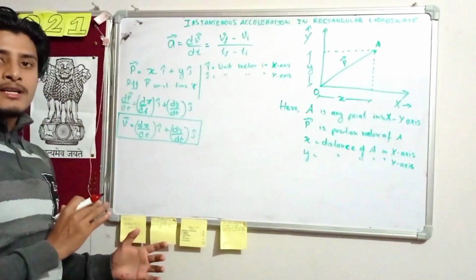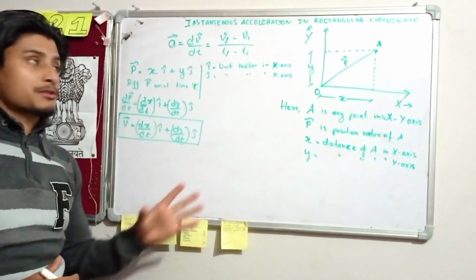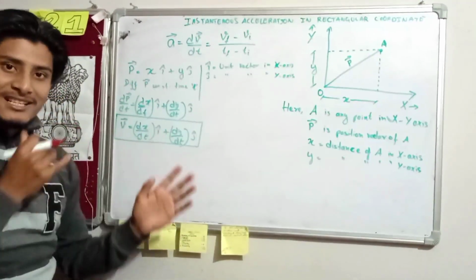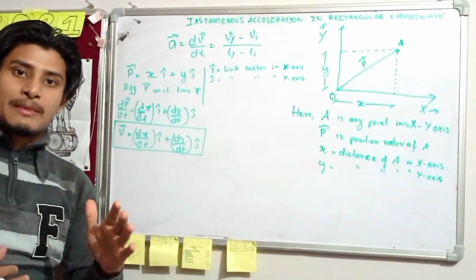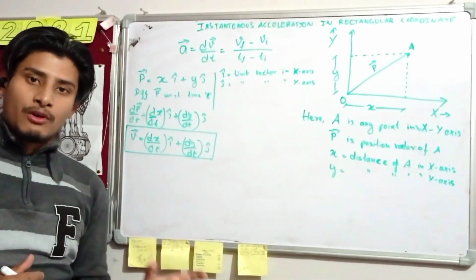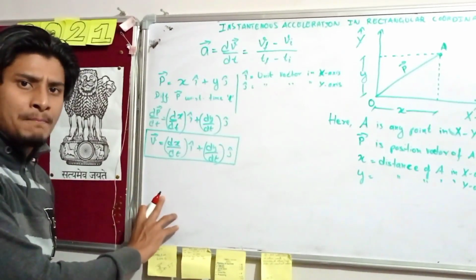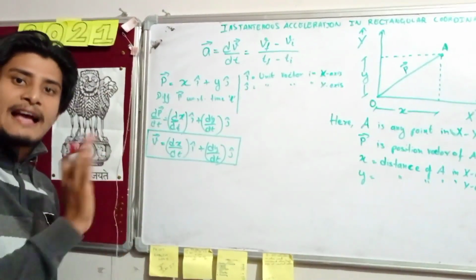Now let us see how we do that for instantaneous acceleration. As you know, acceleration is the rate of change of velocity with respect to time, right? So if I differentiate this velocity with respect to time, I can get my instantaneous acceleration.